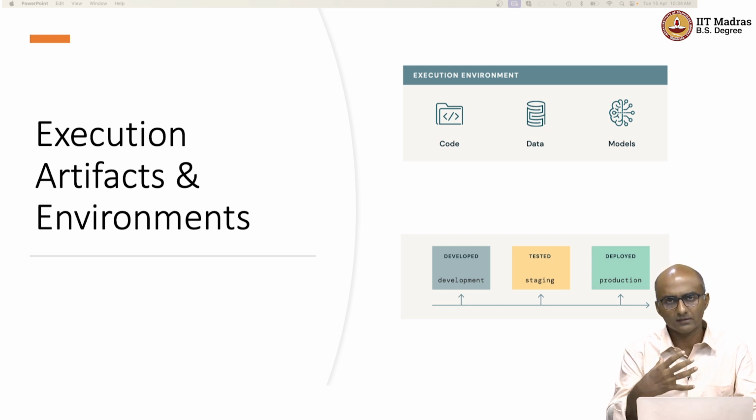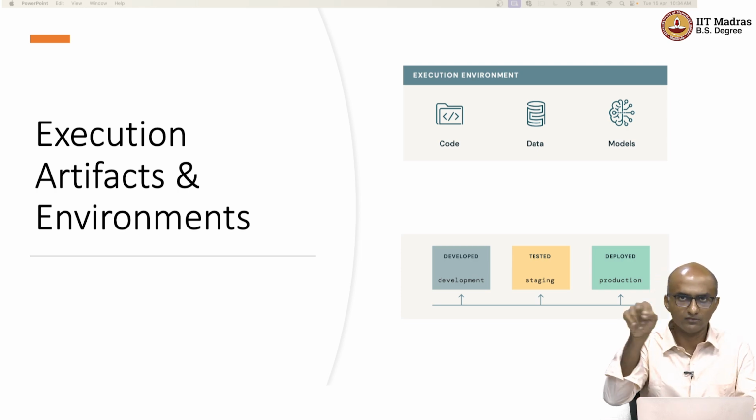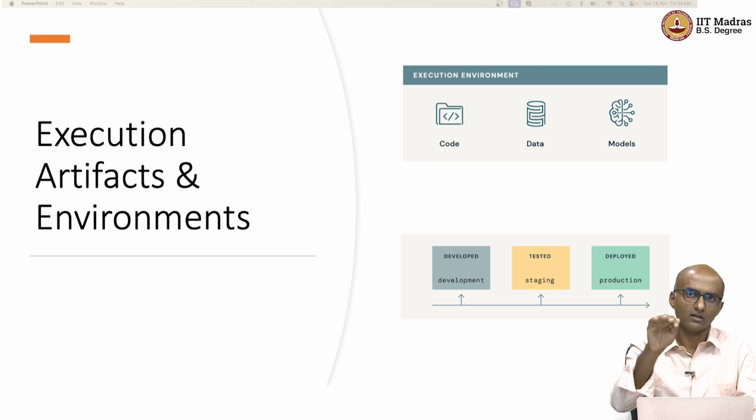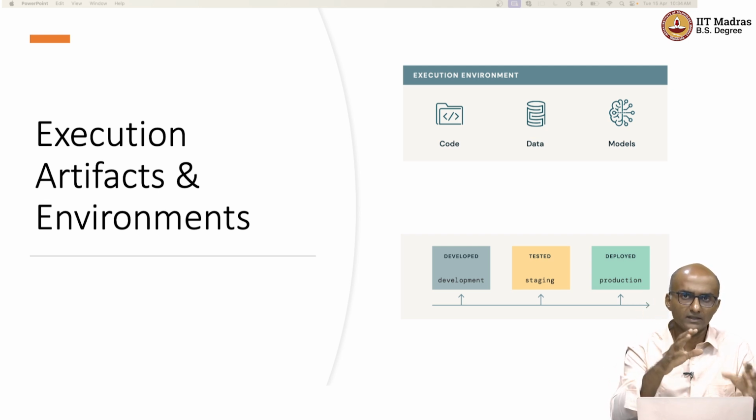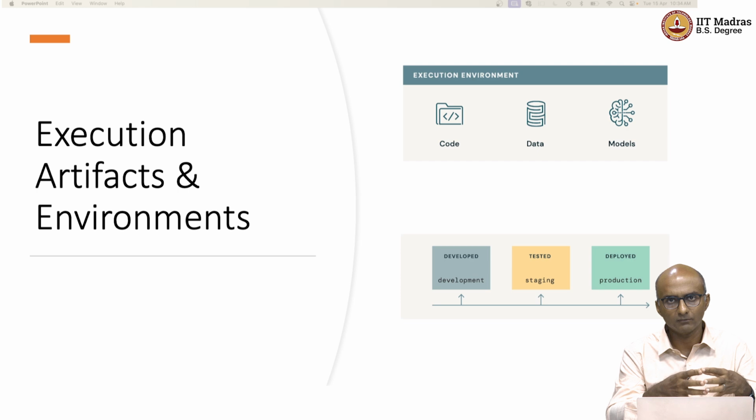So all of that gets instantiated or developed for the first time in the development environment, and it gets unit tested as part of CI/CD processes, and then it reaches the developed stage. So the artifacts that we spoke about, which is code, the models, and the data, are all pertaining to the development environment. And once its gates are passed, the artifacts reach a developed stage. At this stage, you might still not have the confidence that this would work in production.